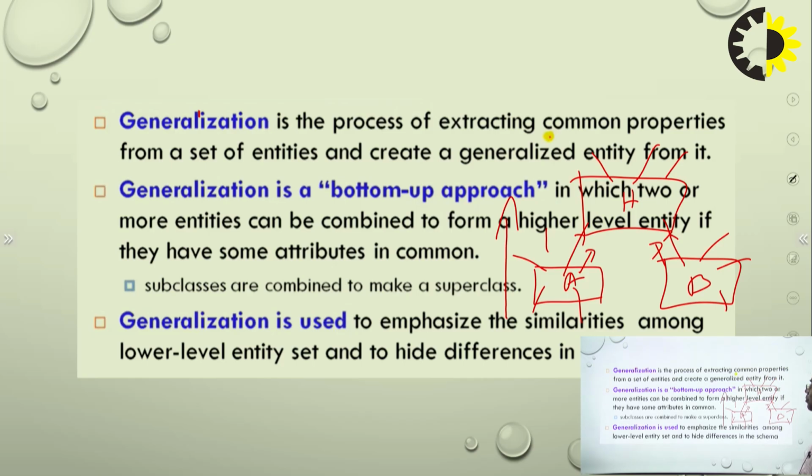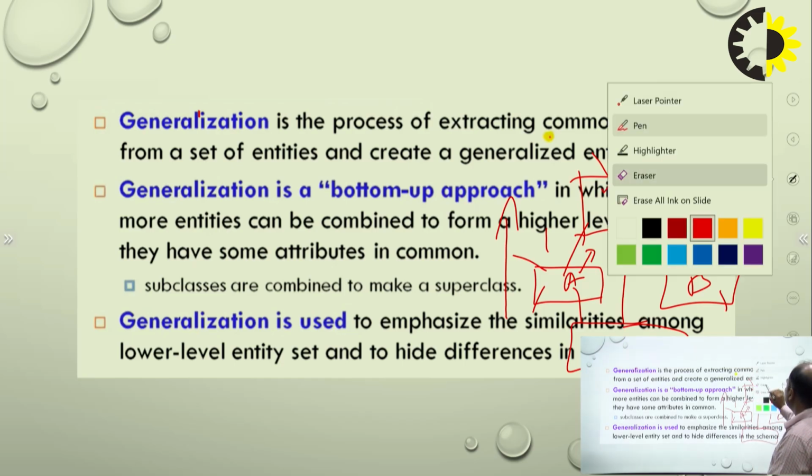That's why it is called a bottom-up approach, in which two or more entities can be combined. We can take two entities or more than two entities. It is not necessary to add just two; it can be more than one, meaning 2, 3 or 4, as many as we require. We can add the features to a higher-level entity, and this is called the generalization process.